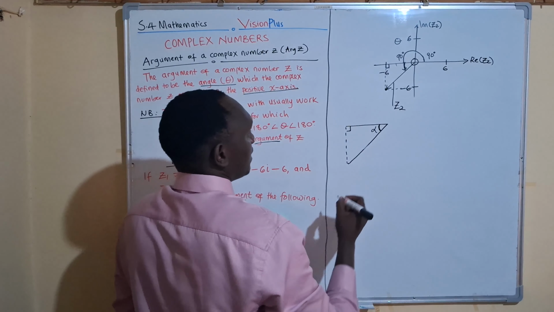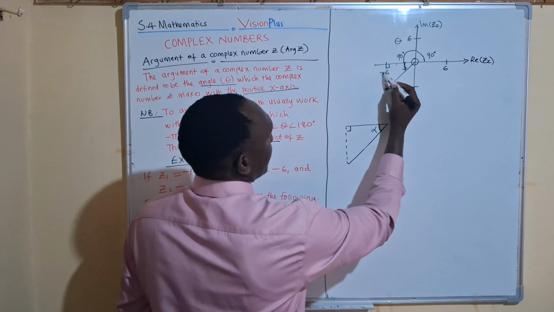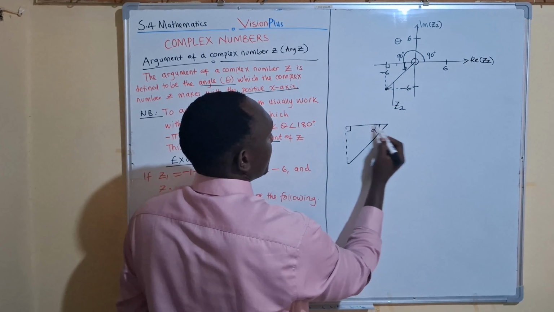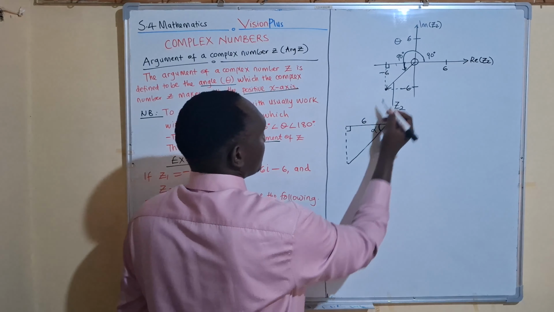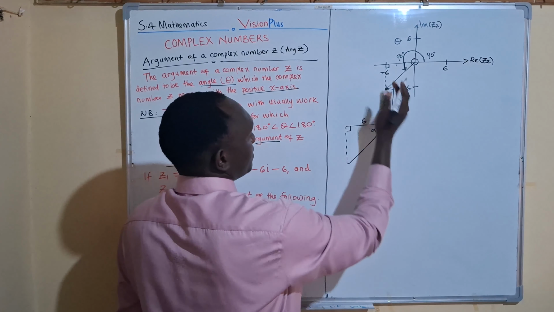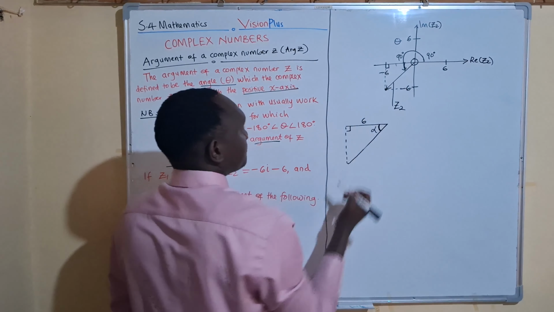Now, from here up to there is negative 6, and from here up to there is negative 6. But we are going to take 6, because the negative just shows the direction. The units are 6.